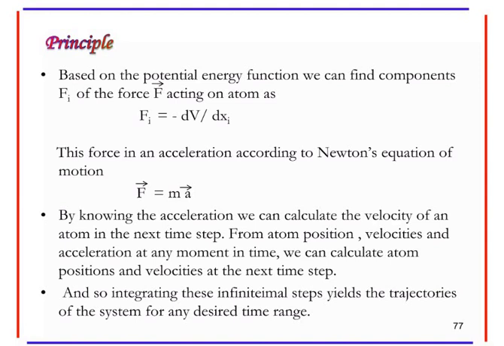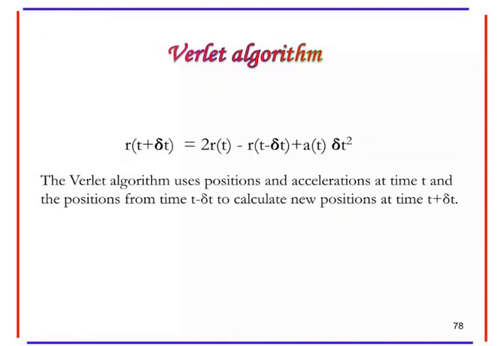By knowing the acceleration, we can calculate the velocity of an atom in the next time step from the atom position. Velocity is the acceleration at any moment in time. So we can calculate atom position and velocity at the next time step. Integrating these infinitesimal steps yields the trajectories of the system for any desired time range.